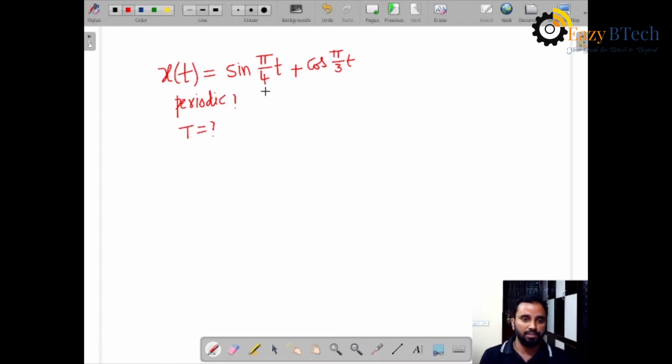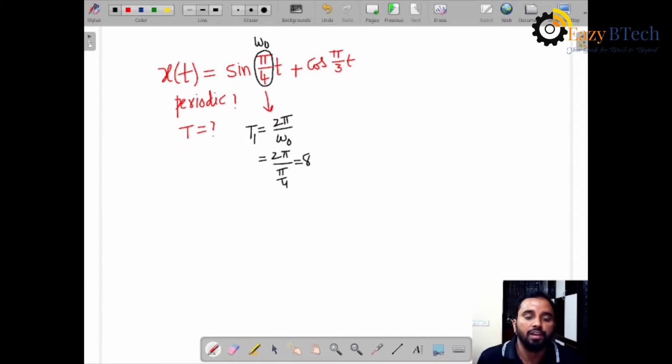Simple. First we need to find the individual time periods. For sine pi by 4t, what is the time period? t1 is equal to 2 pi by omega naught, where omega naught is pi by 4. So 2 pi by pi by 4 is equal to 8.